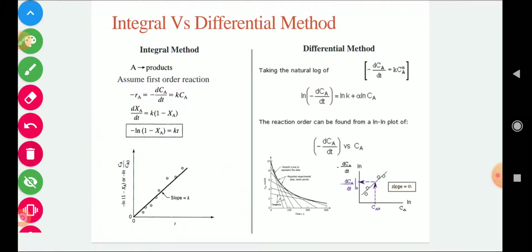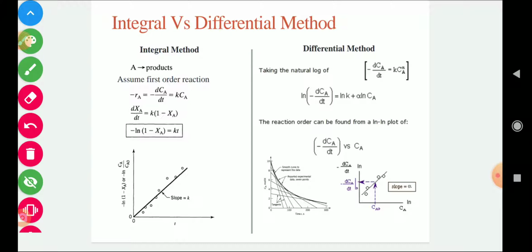But if it does not give a straight line, it means our assumption is wrong and the reaction is not following first order. Then we assume some other order, like second order, third order, and so on. So this is a trial and error method in which we try different orders of reaction.